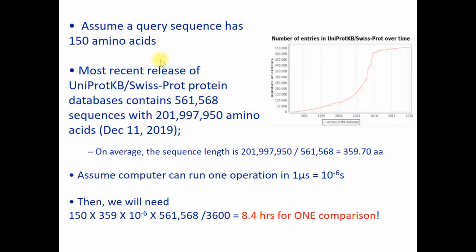Assume a query sequence has 150 amino acids, and based on the most recent release of the UniProt protein database in 2019, it contains over 500,000 sequences with over 200 million amino acids, and on average, the sequence length in the database is about 359 amino acids.